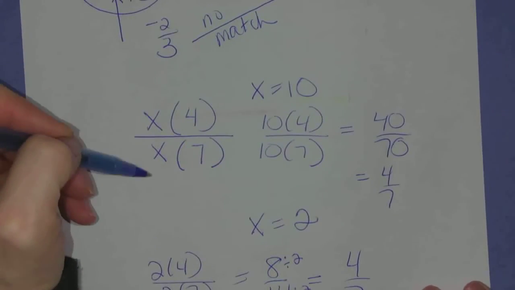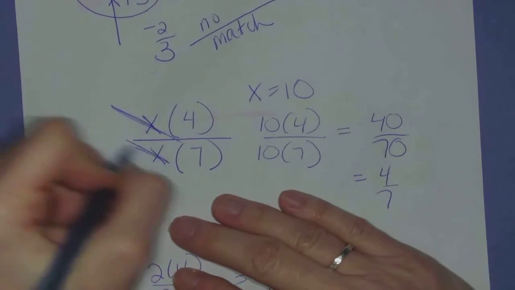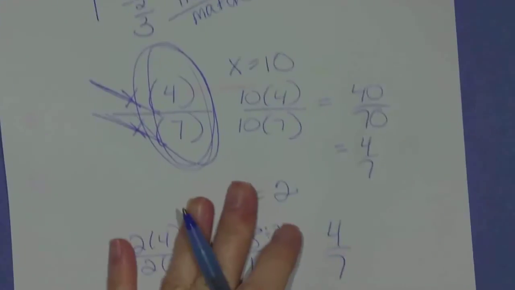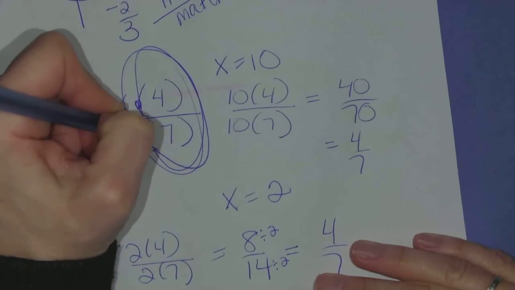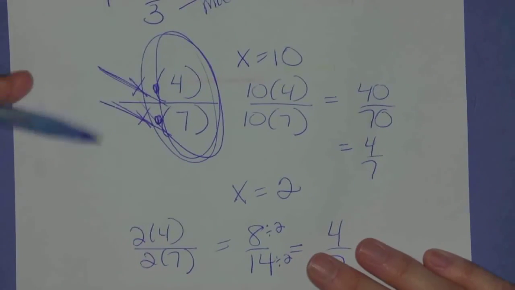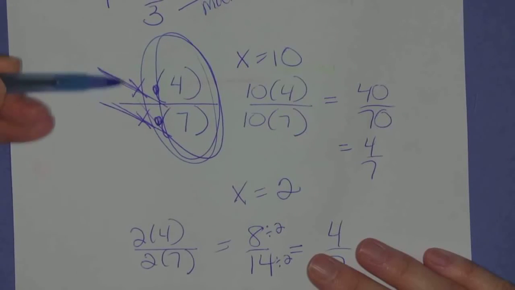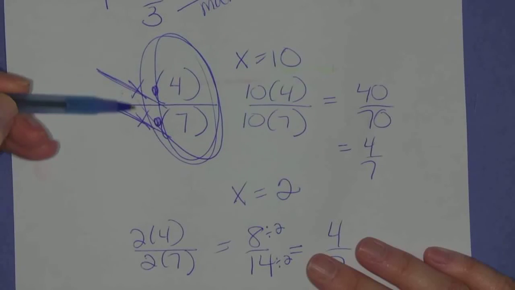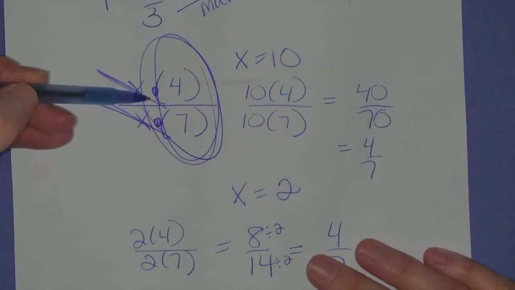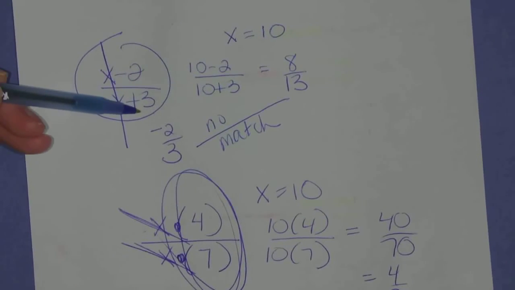So no matter what you put for x here, the final answer will always be 4/7, and you can see these x's are working across multiplication. So top to bottom, if you're going to cross something out, that something you're crossing better be operating on multiplication, not subtraction or addition.